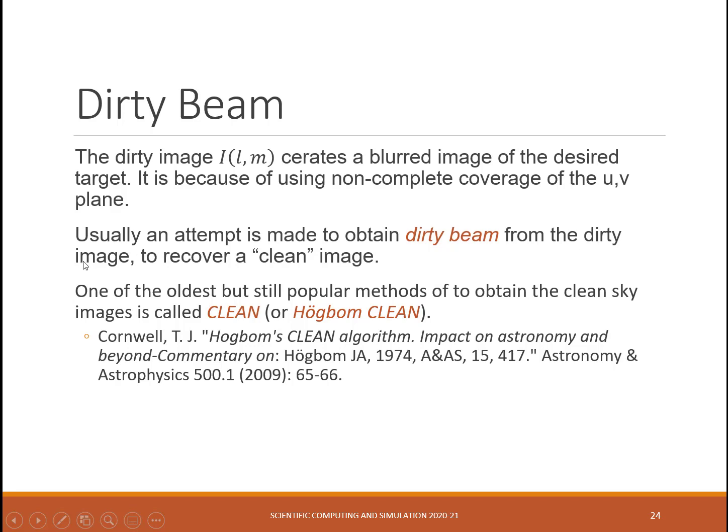In this module, we don't go through the details of this process. However, in Lab 4, we will practically calculate the dirty beam associated with the dirty image. To learn how to create clean sky images using the associated dirty images of a target, you can study an algorithm named Högbom CLEAN.